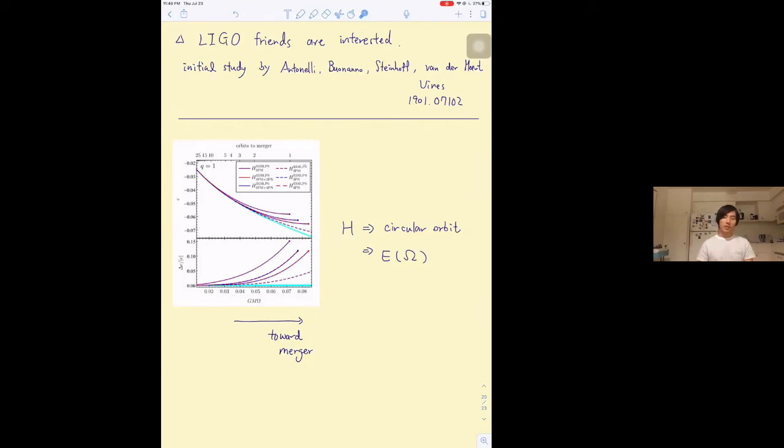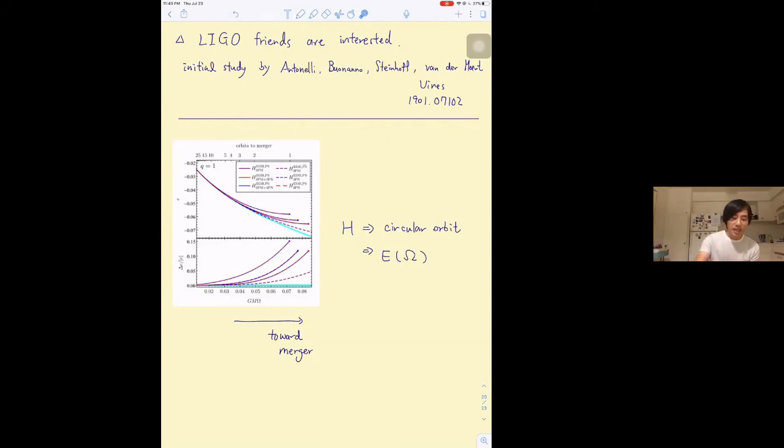One thing you can do is to study the binding energy as a function of orbital frequency omega. What this plot does is to plot the binding energy as a function of omega, the horizontal axis. When you go to higher and higher frequency, that corresponds to the later stage of your merger, the in-spiral phase.